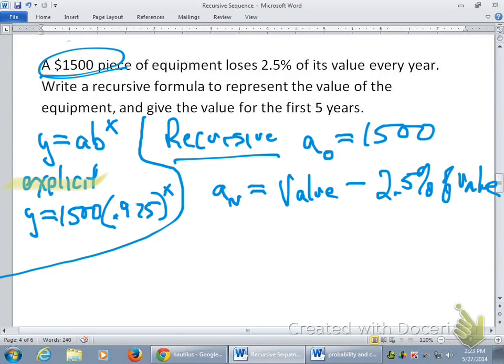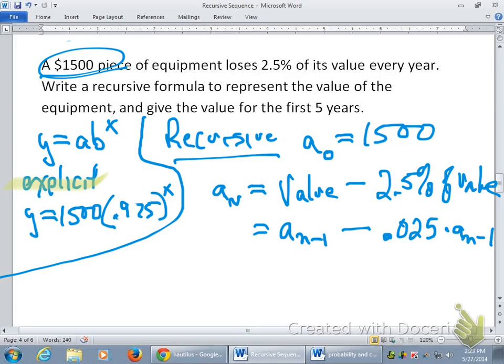Of course, that's kind of a rough sketch. Now I got to actually write it out. My value is going to be whatever I had to begin with, so that's A sub n minus 1, the previous thing, minus 0.025 times A sub n minus 1.